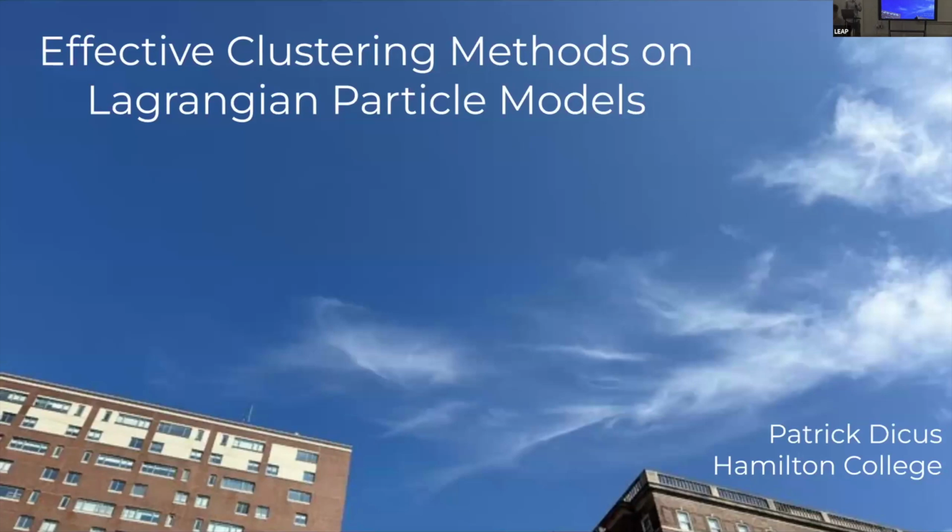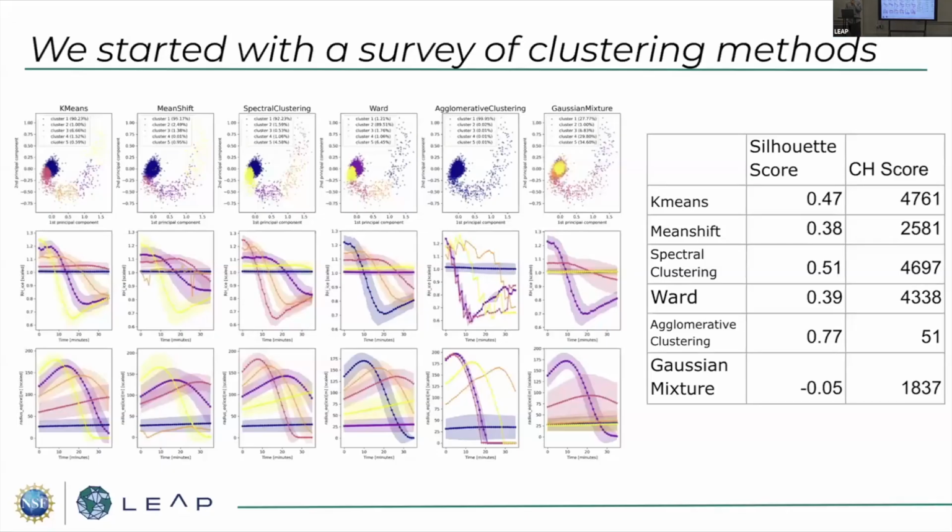Thank you, Oben. So I chose to go with my research on trying to answer questions about which clustering methods are most effective on this kind of data set, on these trajectories. I started by taking the massive data frame of all the variables, all the time steps, all the super droplets, and just looking at one variable, which was relative humidity, across all the time steps for all the super droplets, and then running a survey of clustering methods on that variable.